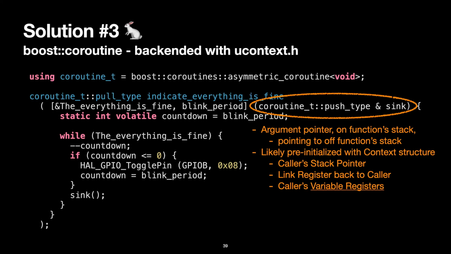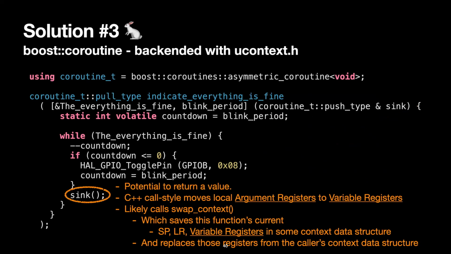I feel like that should be mentioned here. Stacks can be segmented. So where the caller is from, they may not share the same stack as this function that I've written here. The other change is this sync call right here, which basically says, hey, now's a good time where I can pause and be interrupted and let other people run.